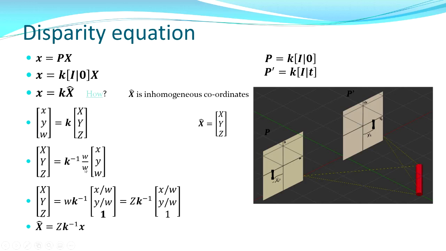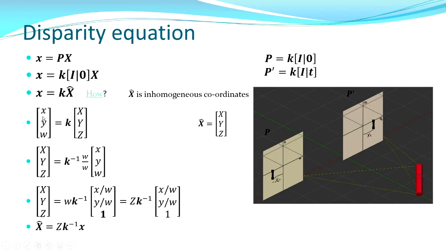Next, we are dividing by w and taking this w inside the matrix. So there will be x by w, y by w, and a 1 over here. Please note that this 1 is not bold. This is a mistake. It should be a small scalar 1. This is a scalar value, right? Okay, so this is what we have, and I just took this w outside because that is again a scalar. So all these non-bold letters are scalars.